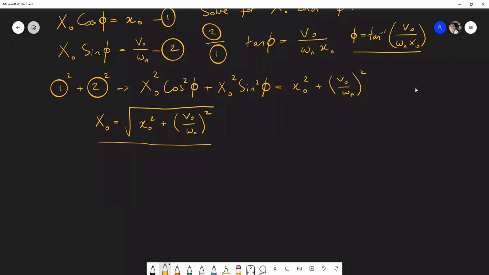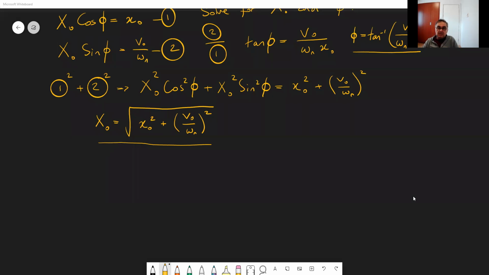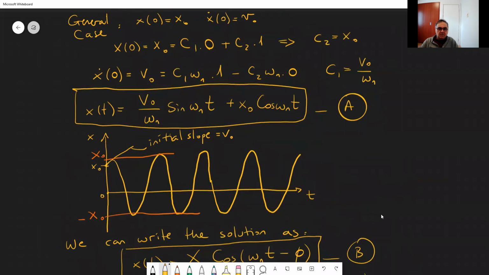I have a question. Yes. Is there a difference between x0 on the left side and the x0 on the right side? Yes, obviously. This is the initial condition, and this is the amplitude. This is x of 0.